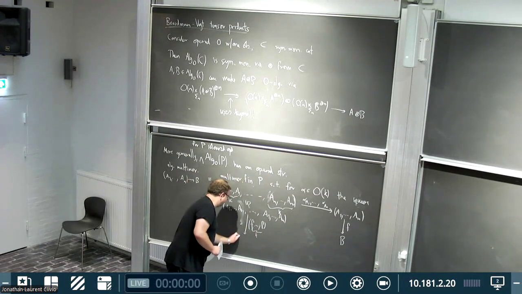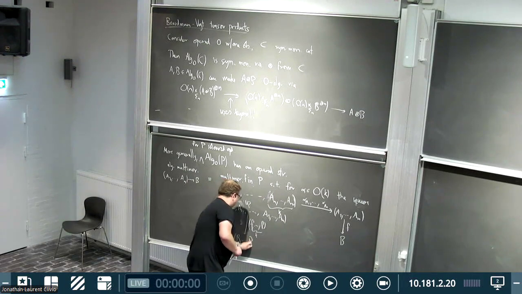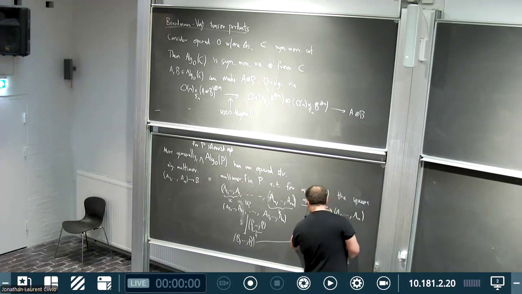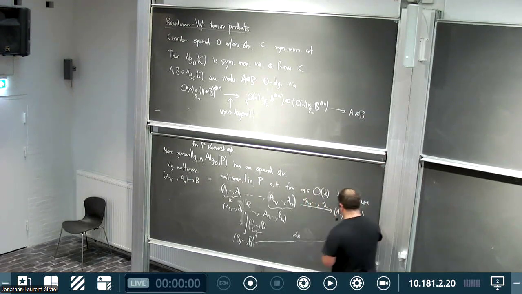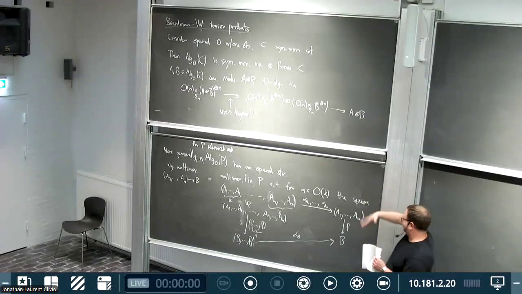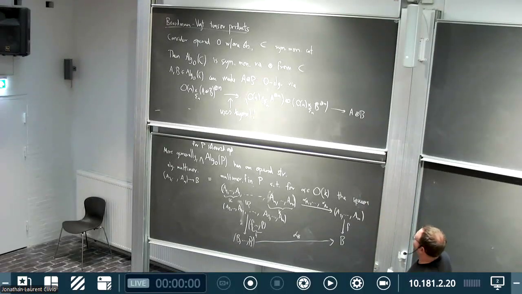Now I end up in K copies of B. Then I can apply the operation alpha for the algebra structure of B, and this square should commute. And so you can imagine you can do the same also if you had many objects, but it's more complicated.